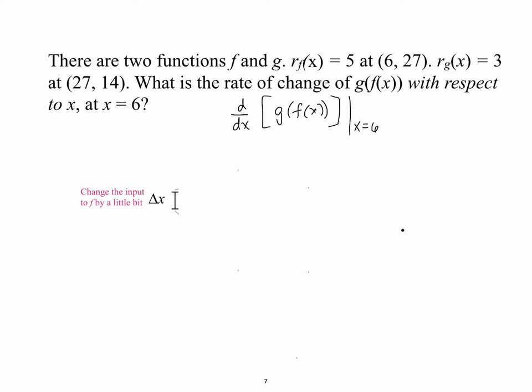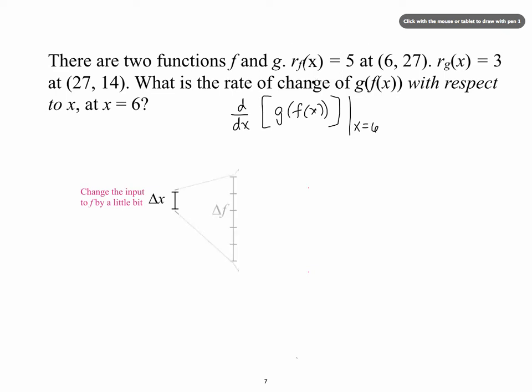I'm not talking about the derivative at the moment. I'm just asking, what does the function g of f of x do with x first? Sends it into f, okay? So if I have a little bit of change in x, that's going to affect a little bit of change in f, and so that's why we have this rate of change of f information up here.